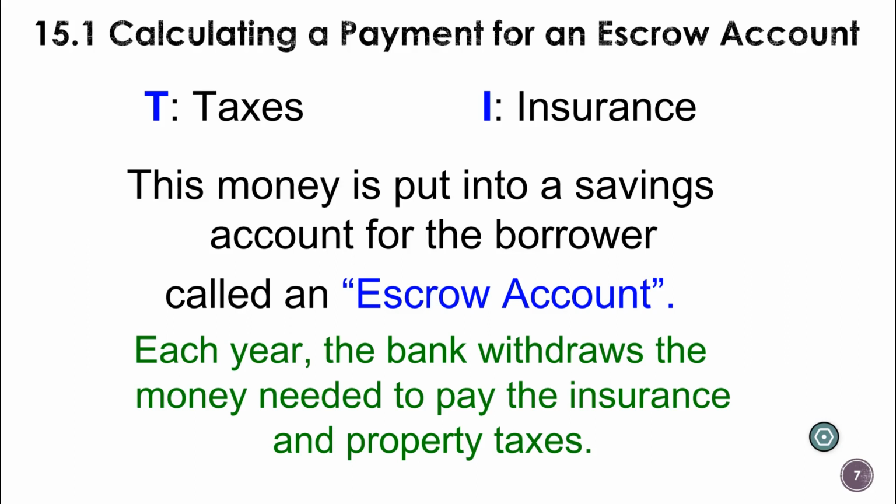They put this money in an account, usually called an escrow account, and when it's time to pay your insurance and your property taxes, the money's there and your lender pays for both out of the money you've been paying them. You're still paying for it, but it's split into a monthly amount.